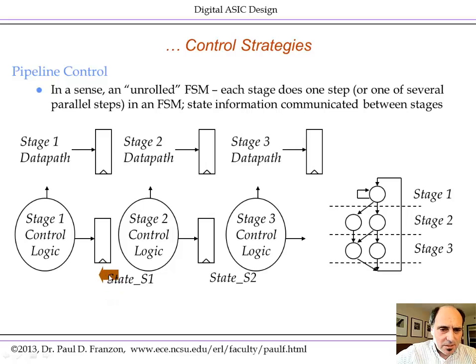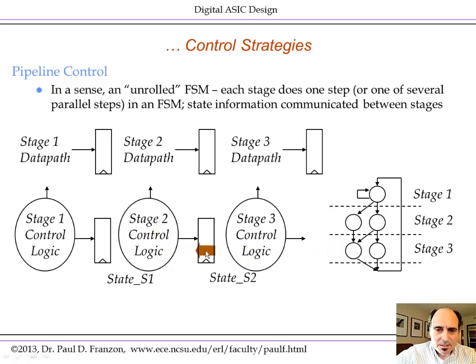So if you look at the registers here, the stage 1 control logic determines the state that is the input to the stage 2 control logic. So for example here, in the stage 1 control logic, you'd normally determine the next state going to the state vector. Instead, that's going to the state controlling the stage 2 logic, depending on which branch you take here.